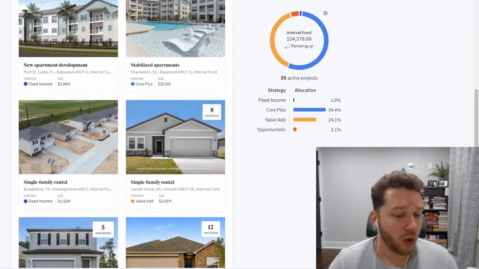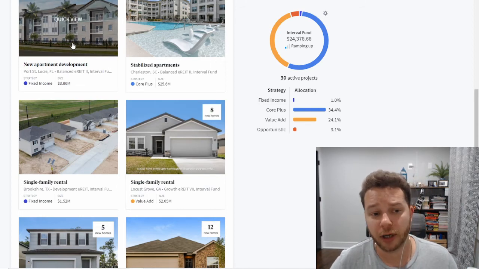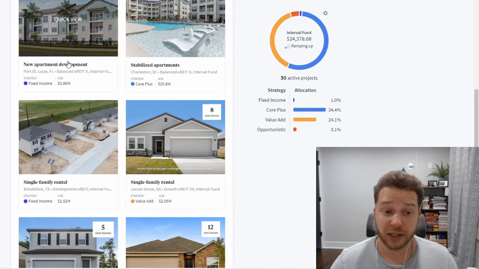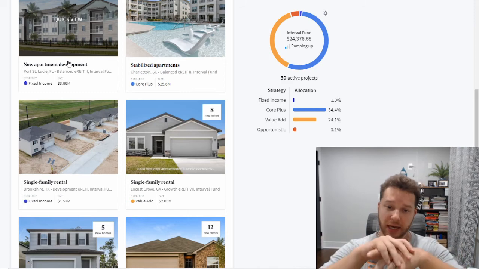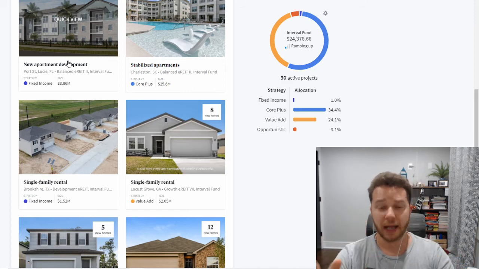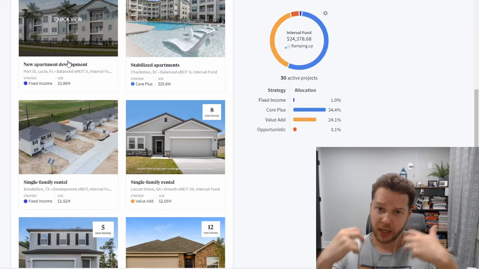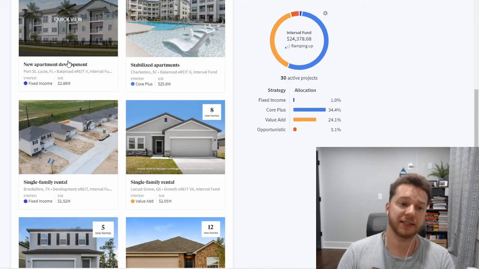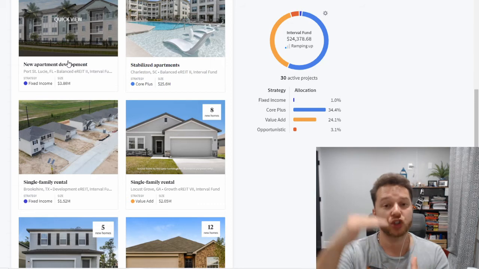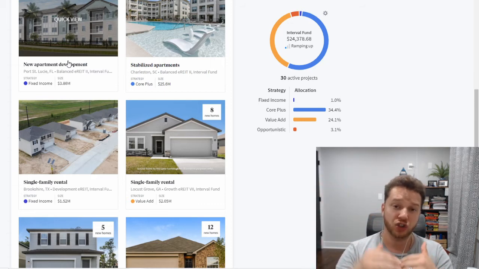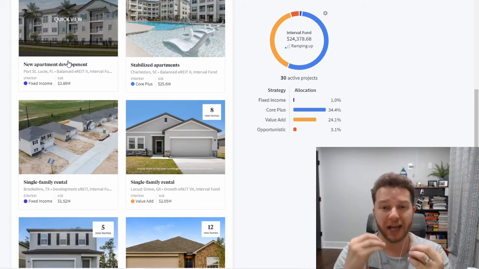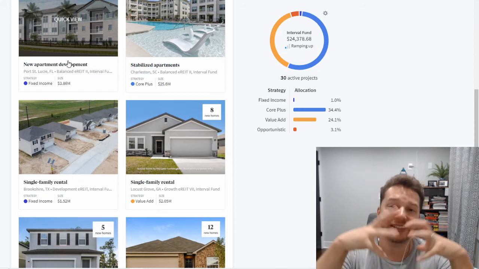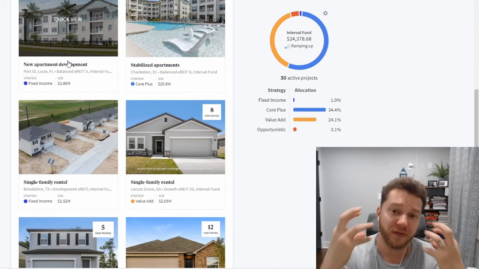So let's say on a certain day, this apartment development here in Florida, Fundrise finished it and now they want to sell this, right? We're going to assume that when they bought this apartment complex in Florida, it was a lower price than it is now. So they made a certain profit, and that profit will make the price per share of this entire interval fund go up.